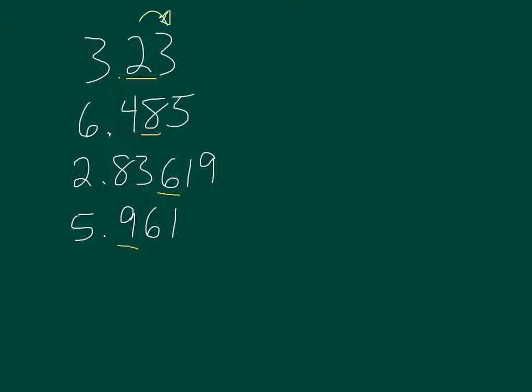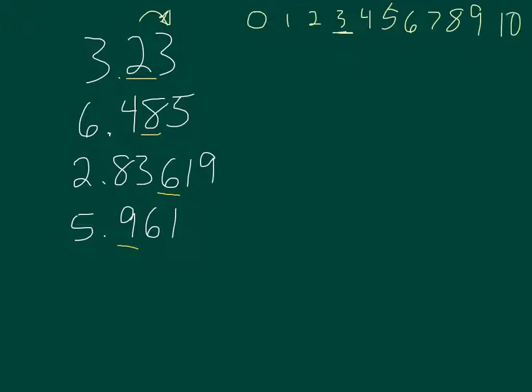Well, the 3 is actually closer to 0. If you write all the digits between 0 and 10, you get 1, 2, 3, 4, 5, 6, 7, 8, 9. Those are all the digits it could have been, but it's a 3, and that's closer to 0 than it is to 10.